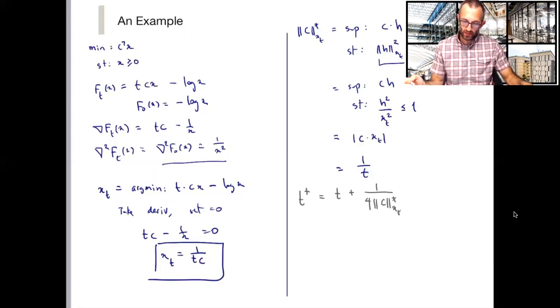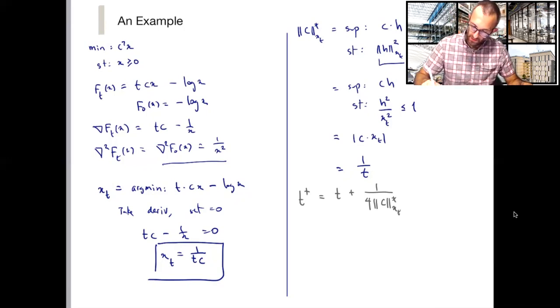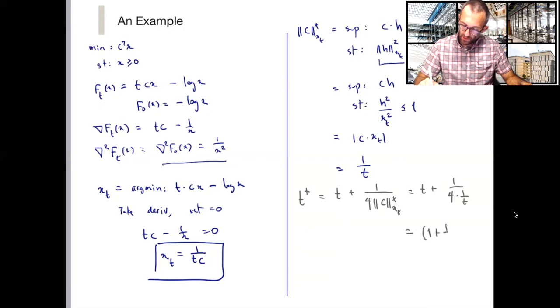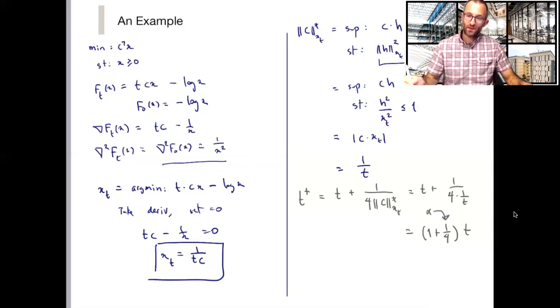So why can we do that? And then plugging in what the norm of c is, this gives us t plus 1/4 times 1 over t, which is exactly equal to 1 plus 1 over 4 times t. This is our alpha from before.